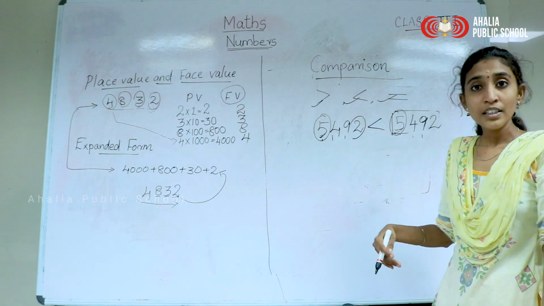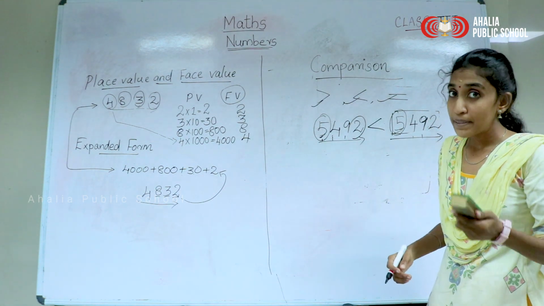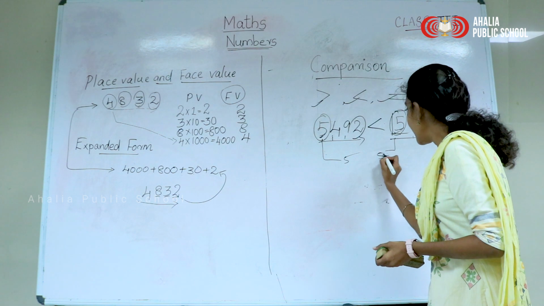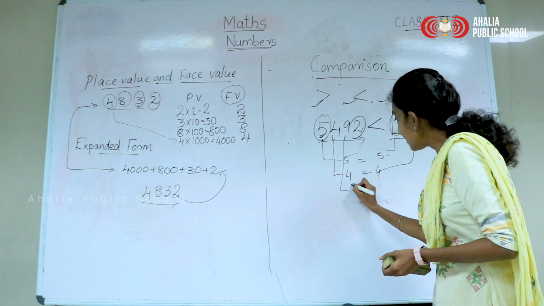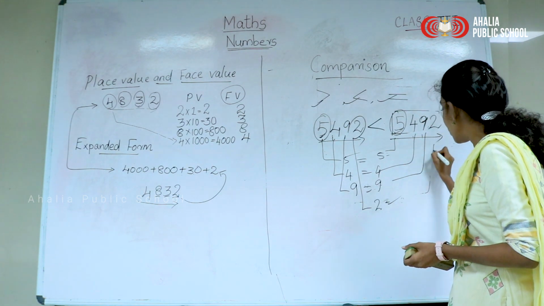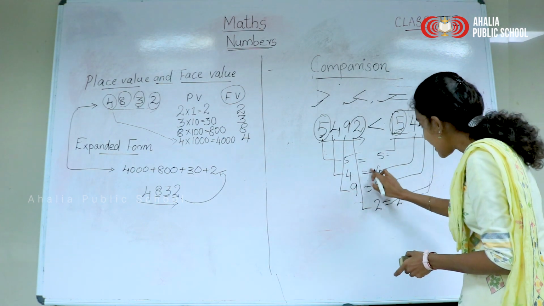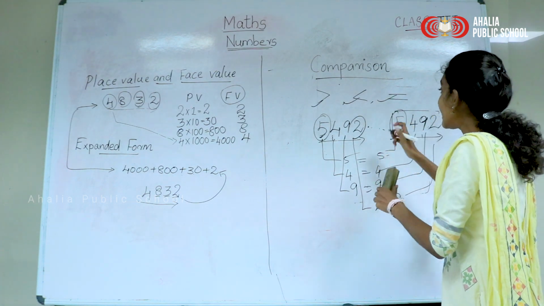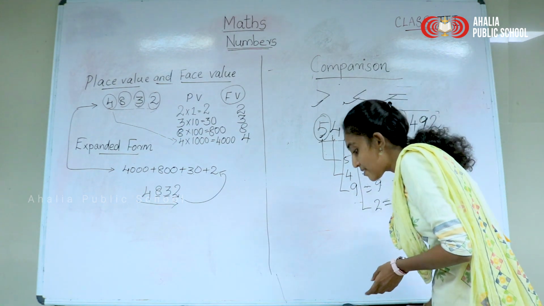We compare the same way. Here we have a 4-digit number, here also a 4-digit number. We compare one by one: 5 is equal to 5, 4 is equal to 4, 9 is equal to 9, and 2 is equal to 2. We have the same digits all over. That means this number is equal to this number. So this is all about the comparison of numbers.